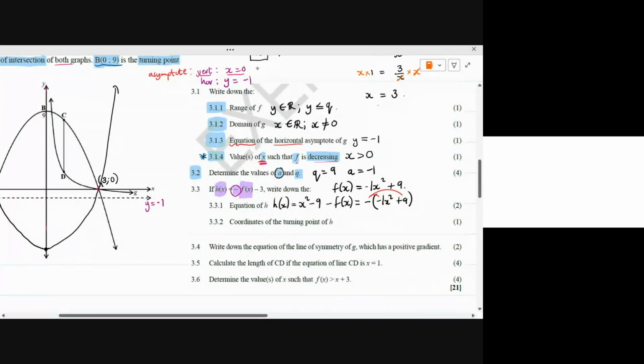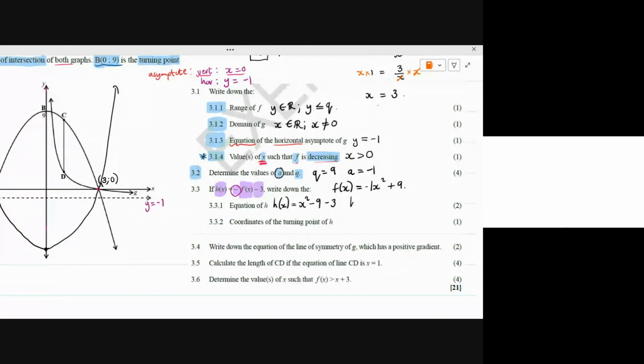But they also want us to go here and to -3. So I'm going to go into this equation that I've just written. I've got x squared -9, and then I'm going to -3. What does my new equation then look like?